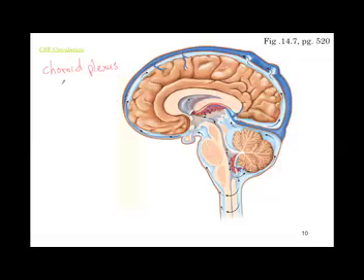And essentially these choroid plexi, or plexuses, are blood capillaries surrounded by ependymal cells. Remember those? One of the 6 types of neuroglial cells. These specifically are central nervous system glial cells. So surrounded by ependymal cells.